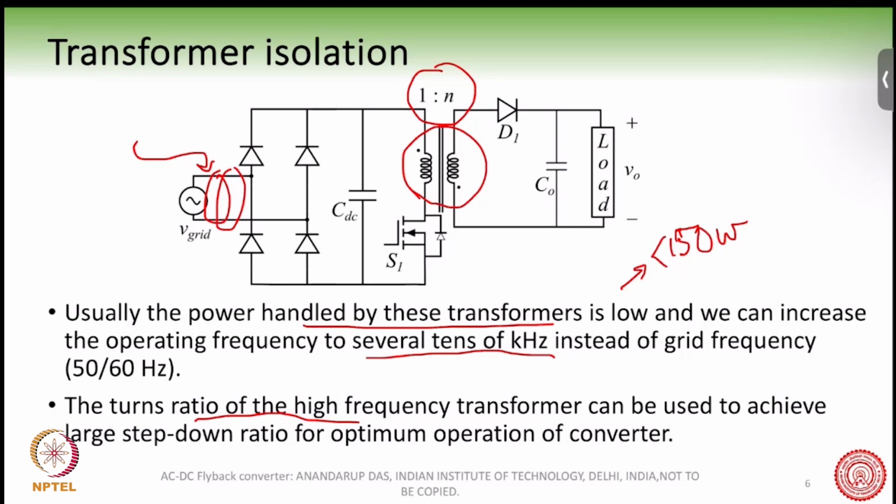We will use this 1:n to step up or step down the voltage, because we want the power electronic part, the diodes, transistors, and capacitors, to operate at an optimum efficiency point. So this 1:n selection is also important from that point of view.